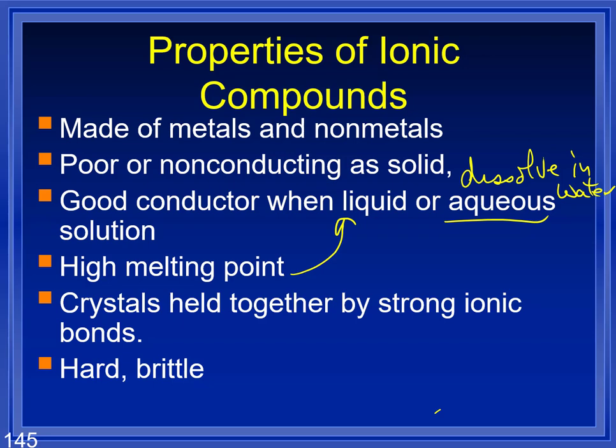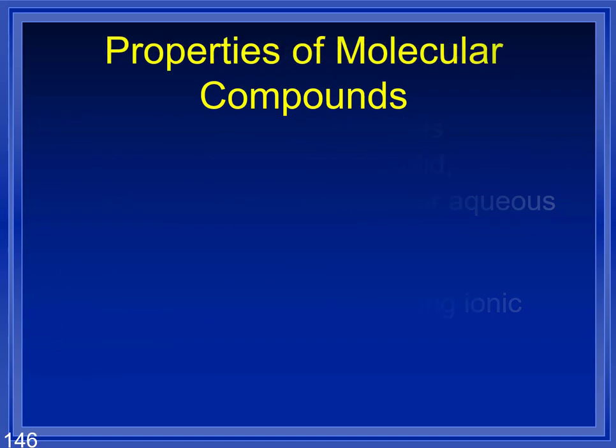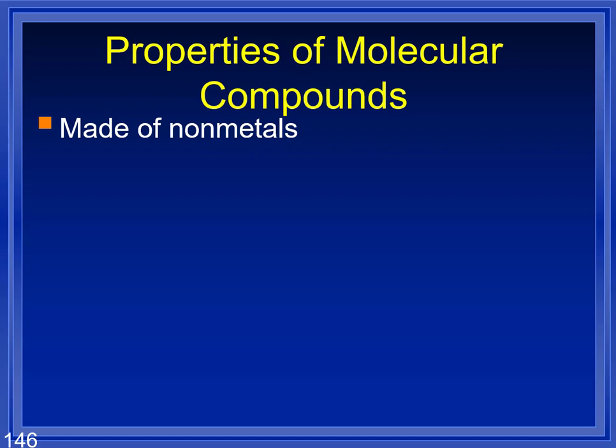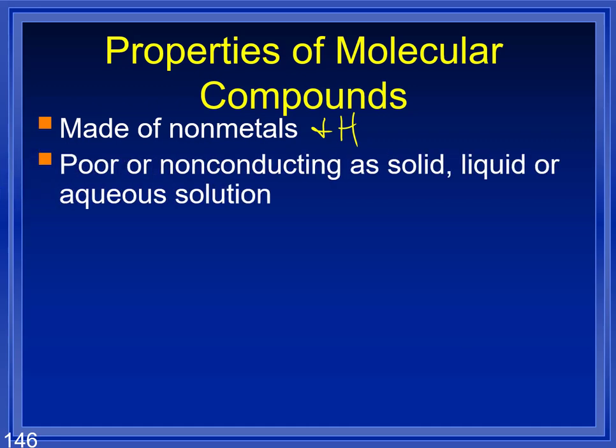That's what happened when you transferred electrons. What do you get when you share electrons? Well, first of all, the ones that are going to share electrons are going to be nonmetals or nonmetals and hydrogen. These are also going to be bad conductors of electricity.